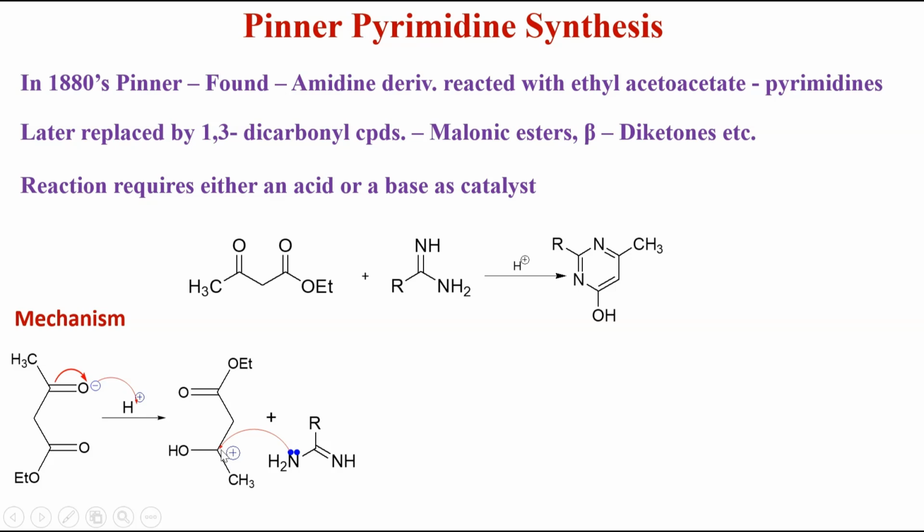Already it has to maintain its valency, that's why OH gets kicked off. What will I get? Dehydration has occurred: H plus and OH minus combine together to leave as a water molecule, and a carbon-nitrogen bond is formed.